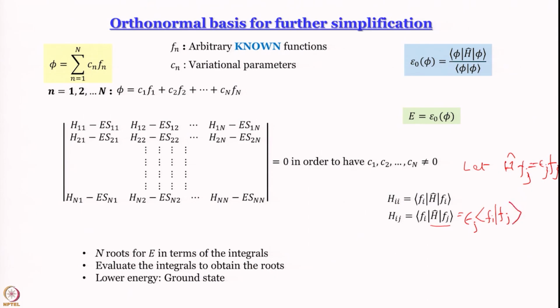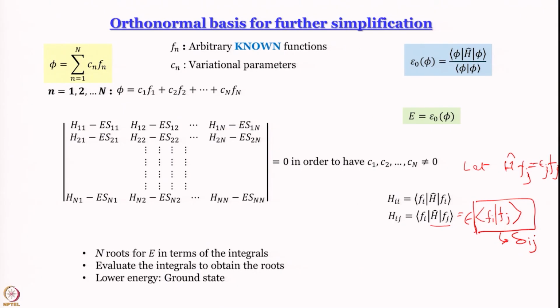Now see, if I have chosen an orthonormal basis, don't you know that this is going to be delta ij? This integral is going to be equal to 1 if i equals j and equal to 0 if i is not equal to j.